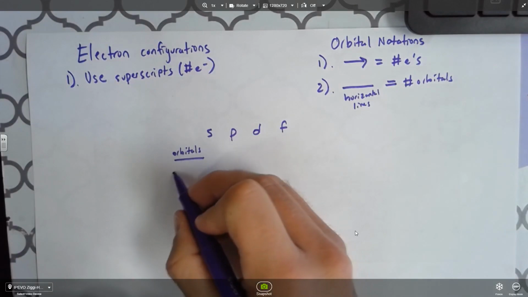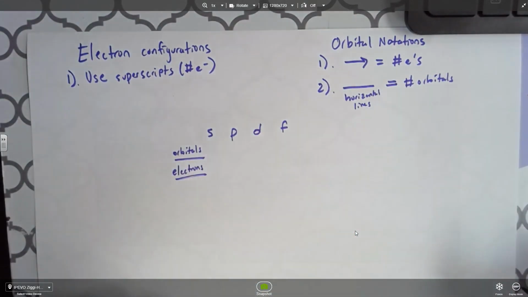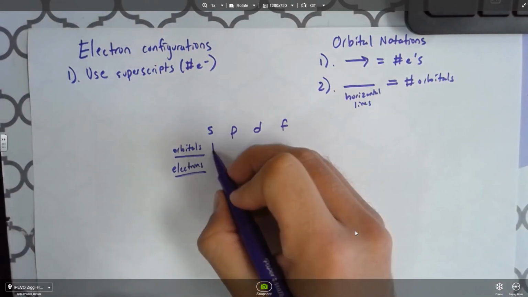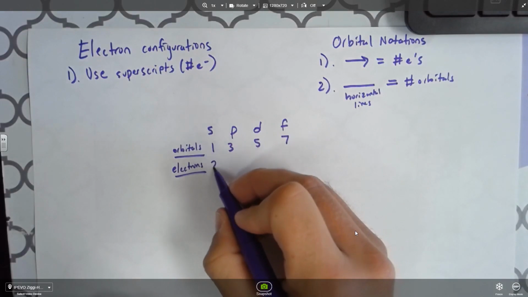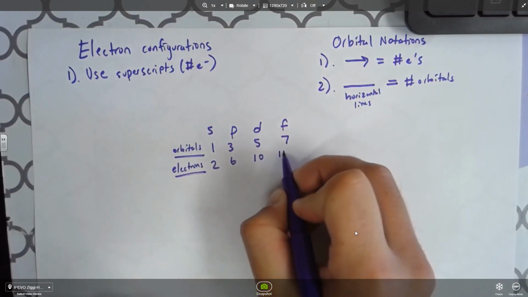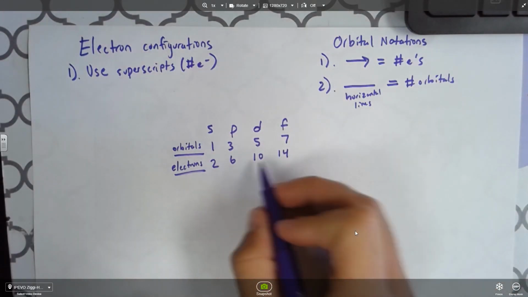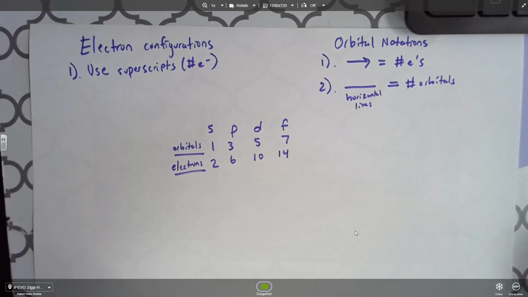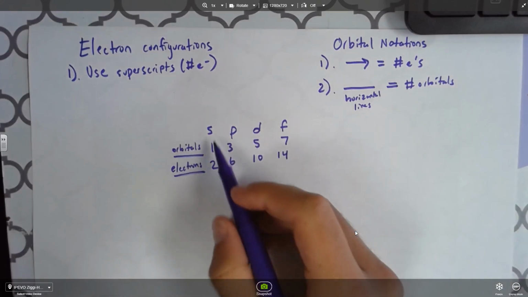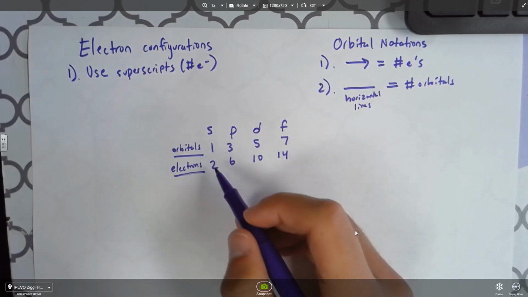The number of orbitals and the number of electrons that are in these four subshells are as follows: 1, 3, 5, 7, and for electrons, 2, 6, 10, 14. Okay. Now you don't have to use this amount of electrons per orbital, but you can use up to that number. So for instance, you could have one electron in S, and you could have two electrons in S, but you can't have three in S.